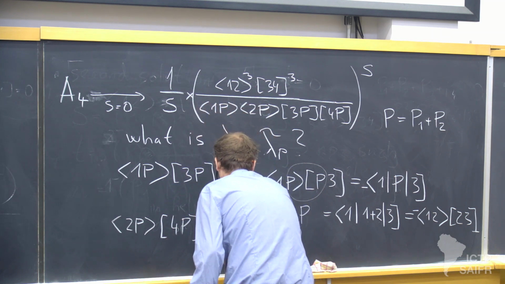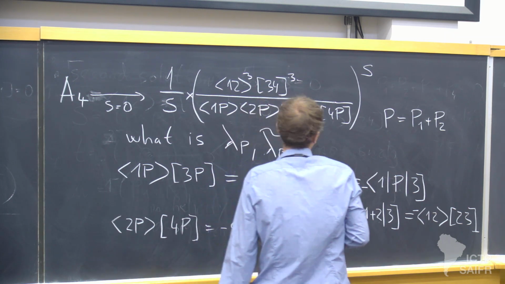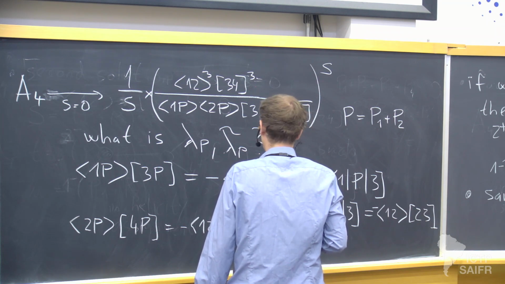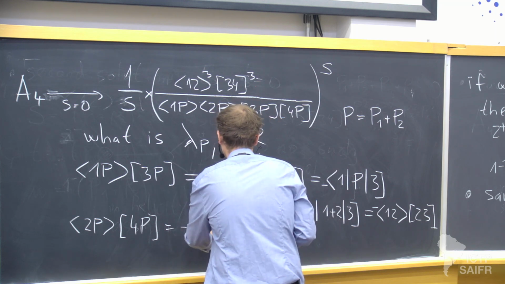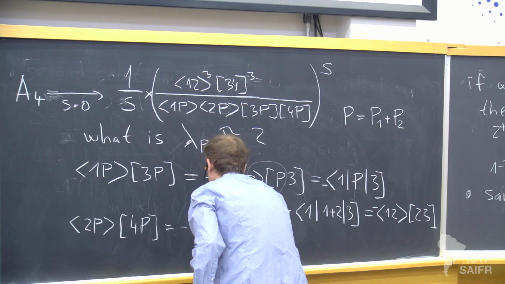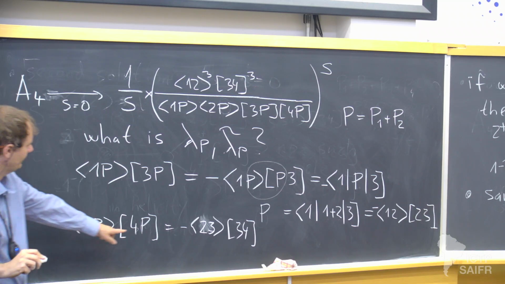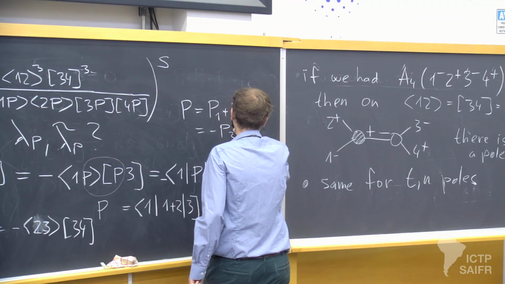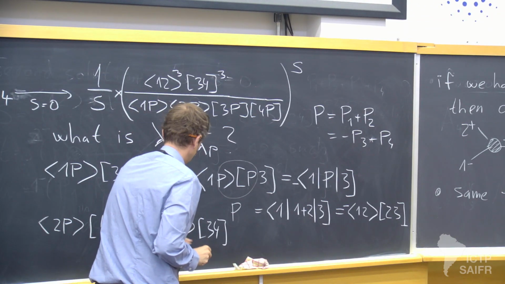And then we will get minus ⟨12⟩... maybe I want to write it like that: [23]⟨34⟩. So that's a small exercise you can do. You can again pair it. p is equal to p1 plus p2. It's also equal to minus p3 minus p4. You actually plug it here for p, and you get the [23] bracket and the ⟨34⟩ bracket.